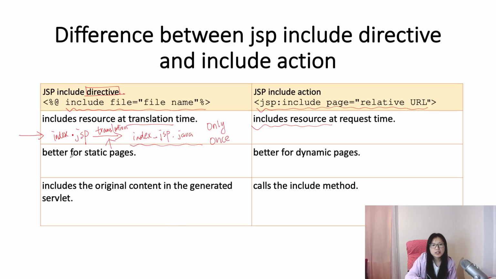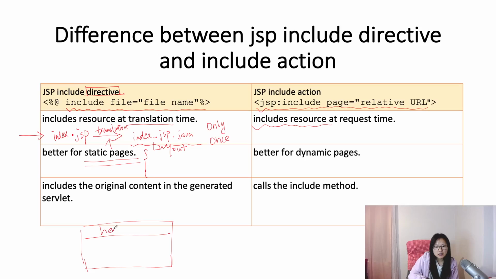And the JSP include directive is better for static pages, which is used quite often when we do JSP, when we're using JSP as a template for layout. Because normally when we have a page, I'll draw here, we will have a header, a footer, and maybe a sidebar.